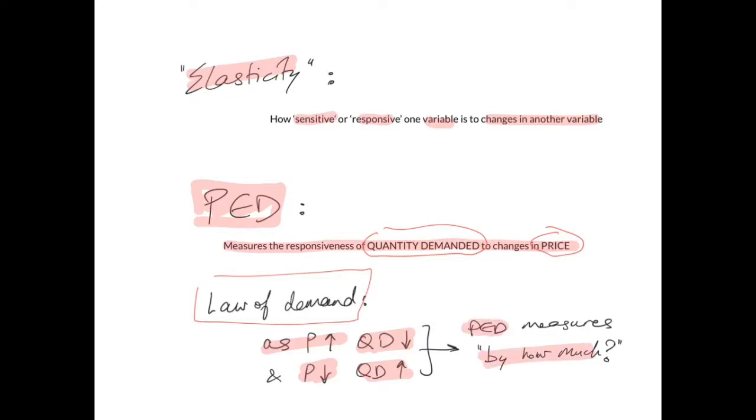So, since the law of demand says as price rises, quantity demanded will fall, price elasticity of demand tells us by how much will quantity demanded fall if, say, price rises by 10%. Okay, so the law of demand tells us the direction at which quantity demanded will change when price changes. Price elasticity of demand measures by how much, or the sensitivity or responsiveness of quantity demanded to changes in price.